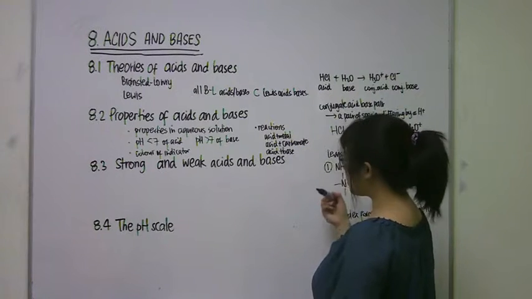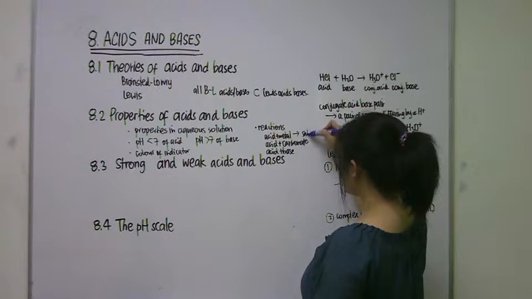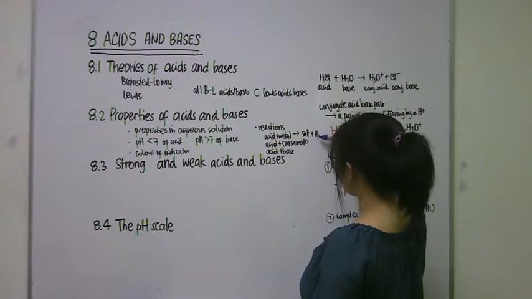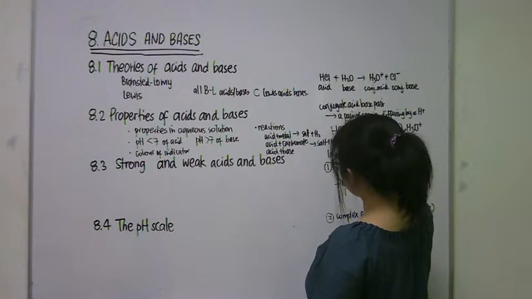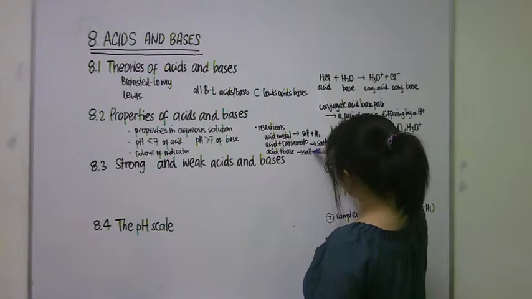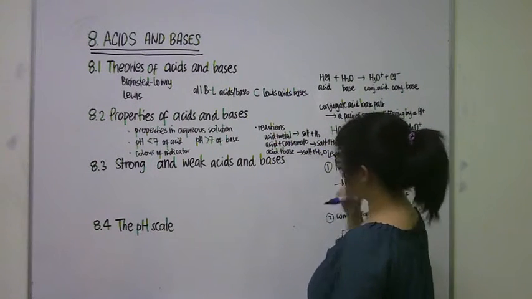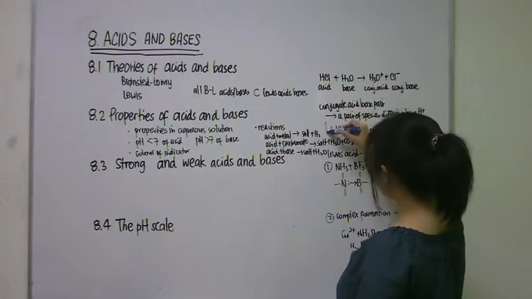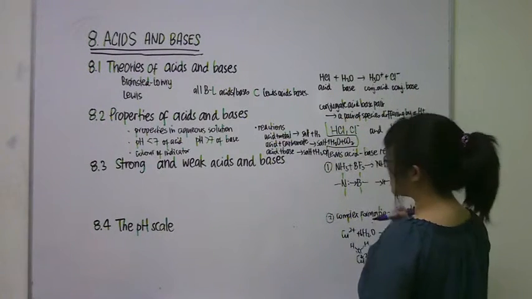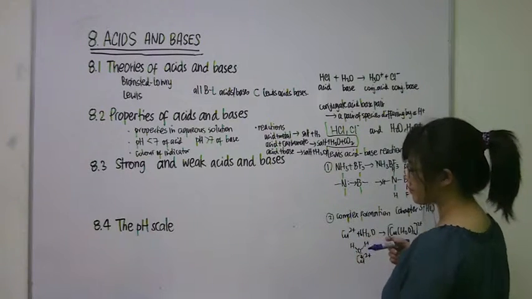They should know the products: salt and hydrogen, salt, water and carbon dioxide, salt and water. Okay, so that's all about properties of acids and bases.